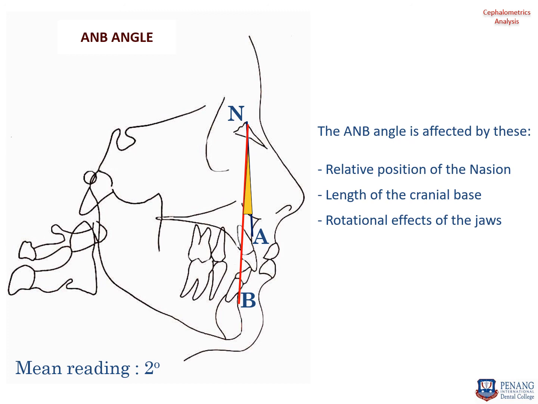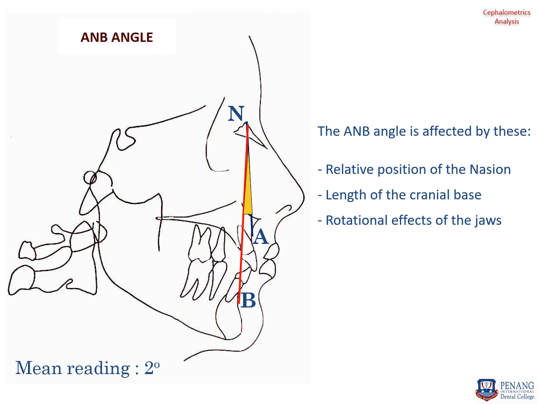The length of the cranial base can also affect the A and B angle, as it can change the position of nasion, and also the rotational effects of the jaws will make point A and point B change positions, again limiting the accuracy of the A and B angle.